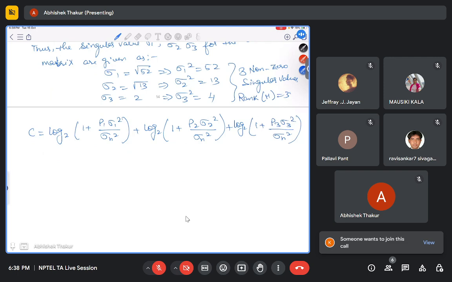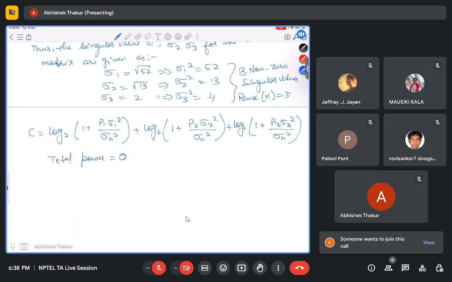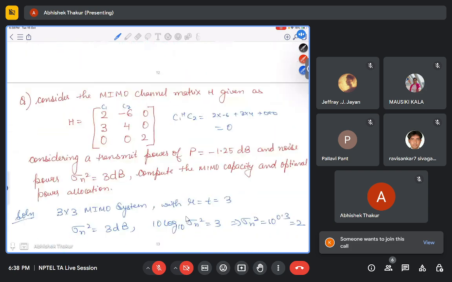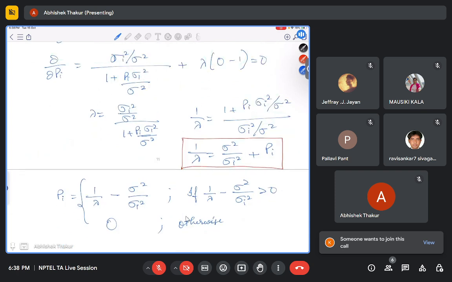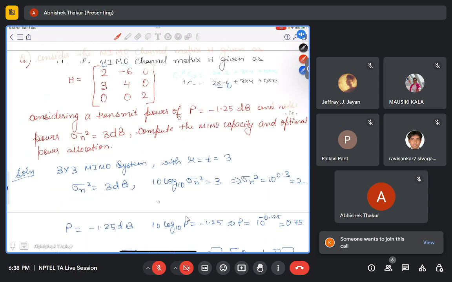Now the above expression for capacity has to be maximized for the total power. So the total power is equal to 0.75, so P1 plus P2 plus P3 is equal to 0.75. Also, the power formula we have studied is 1 by lambda minus sigma square by sigma i square.